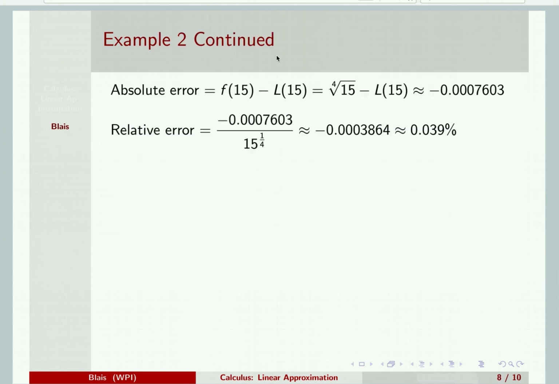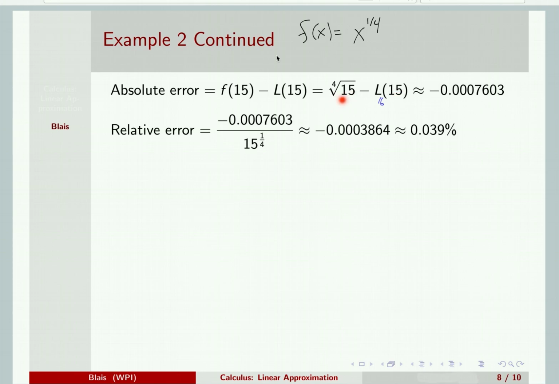In the example that we just did, remember we were using f of x equals x to the 1/4, and then we had what we were calling L16 of x. This was the linear approximation.